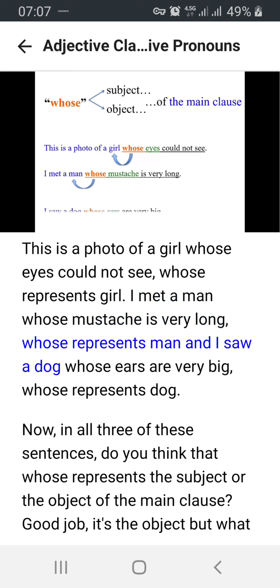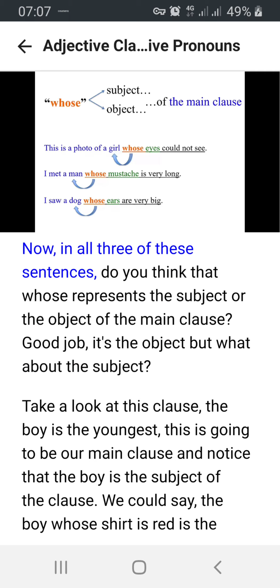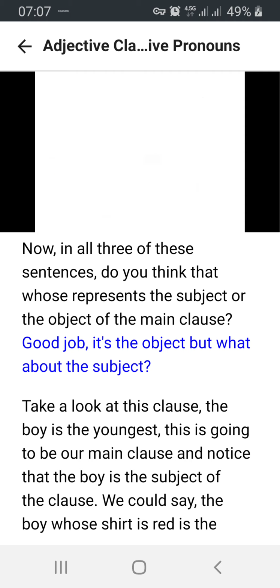Whose represents man. And I saw a dog whose ears are very big. Whose represents dog. Now in all three of these sentences, do you think that whose represents the subject or the object of the main clause? Good job. It's the object.